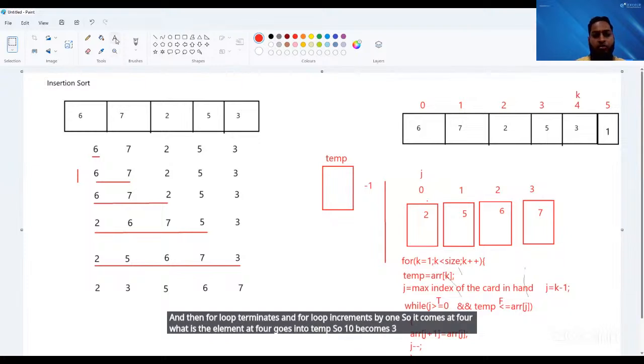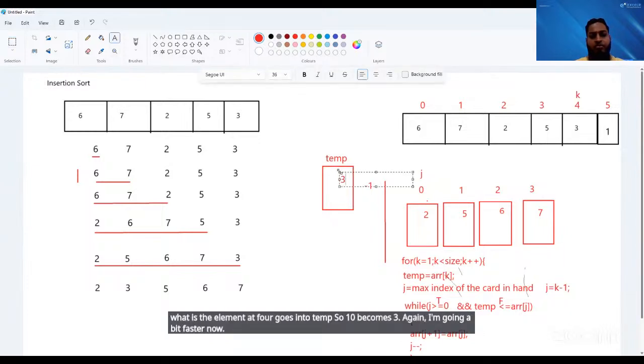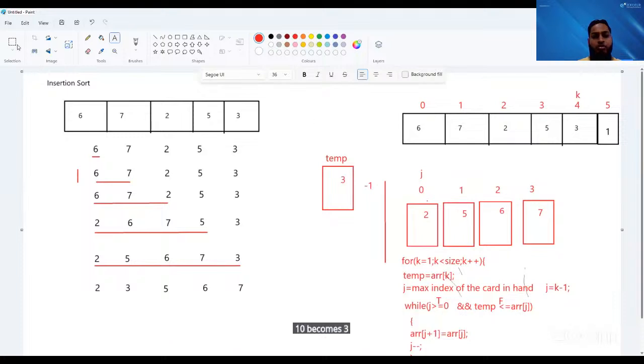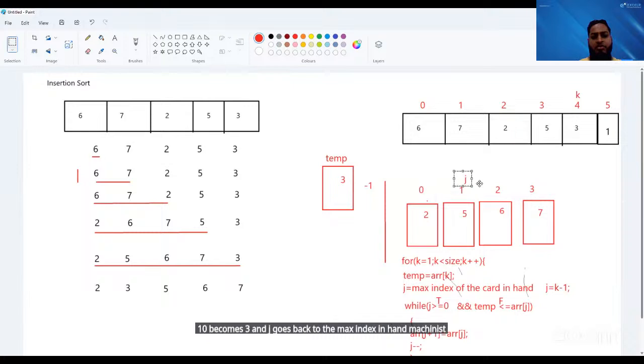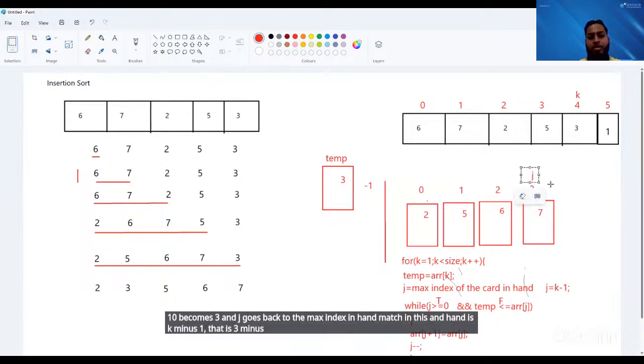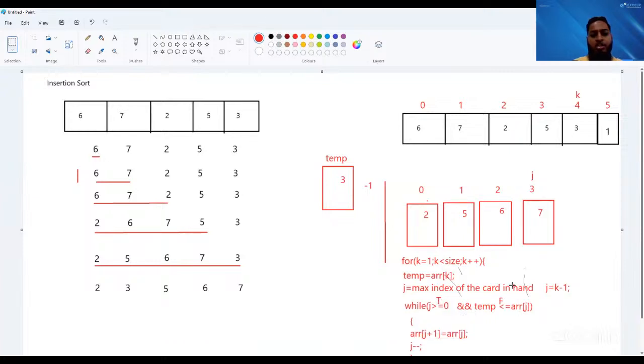Okay, now I'm going a bit faster. Temp becomes 3 and J goes back to the max index in hand. Max index in hand is K minus 1, that is 3. And now what am I comparing? Is J greater than or equal to 0? Yes. Is 3 less than or equal to 7? Yes. Both are yes. So what to do then?